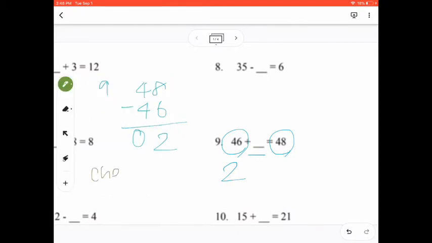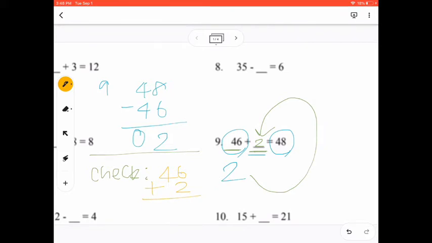I'm going to write a check place right here, and show you how to check. You're saying 2 goes in here, right? So if 2 is right here, then we can add 46 plus 2. 6 plus 2 is 8. 4 plus 0 is 4.